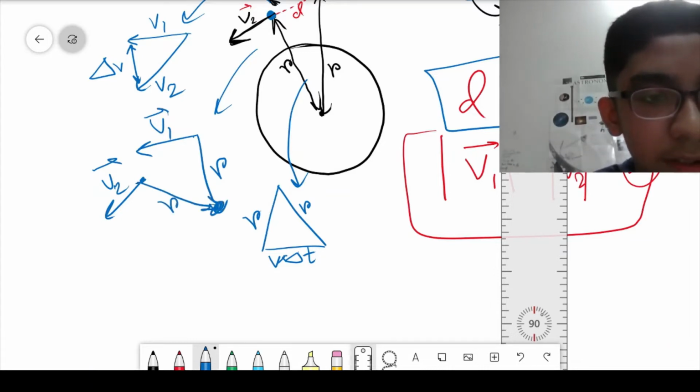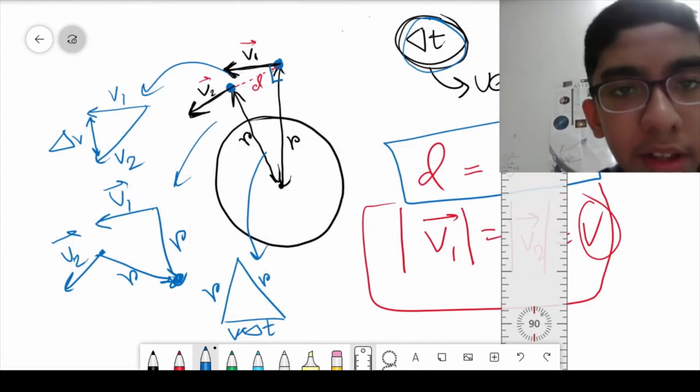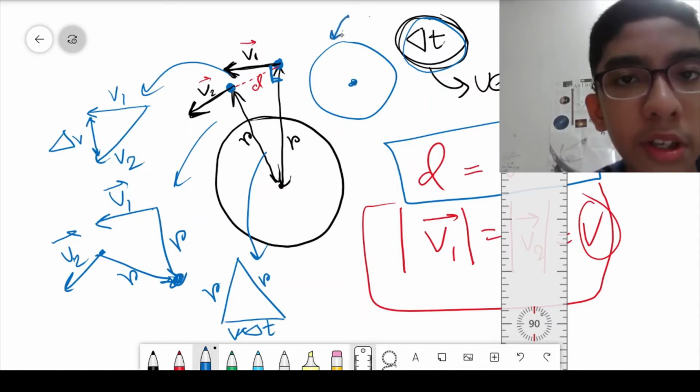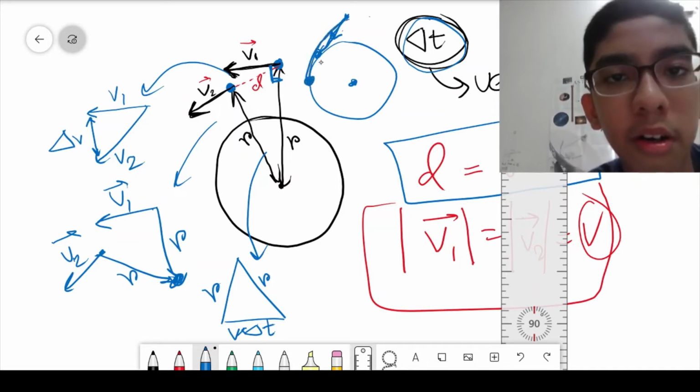Now notice here that this will be 90 degrees, because if this is not perpendicular to the ground, then this velocity will be directed elsewhere, and say if it's directed to the surface of the planet, then it will just fall to the planet, here or here.